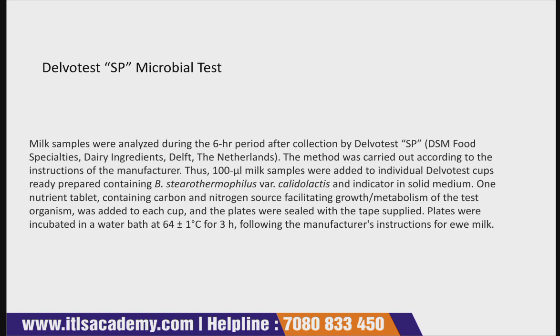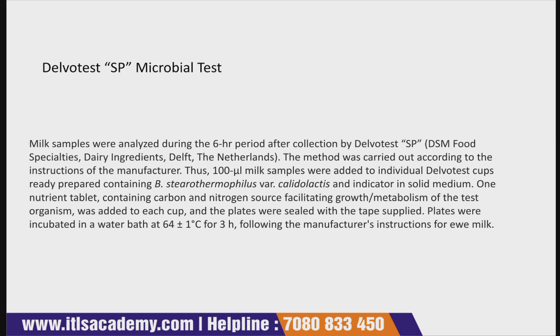Now let us understand how the DELVO SP microbial test works. Milk samples were analyzed during a 6-hour period after collection. Firstly you take a milk sample and analyze it for a 6-hour period by the DELVO test SP, DSM Food Specialties, Milk Dairy Ingredients, Delft.